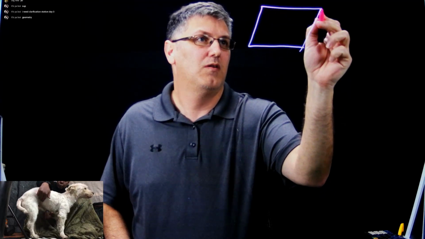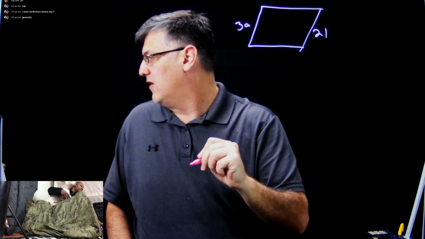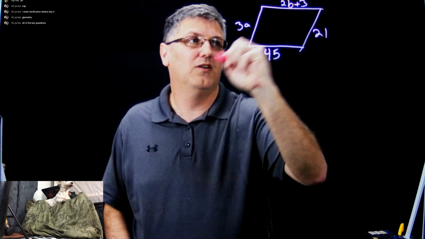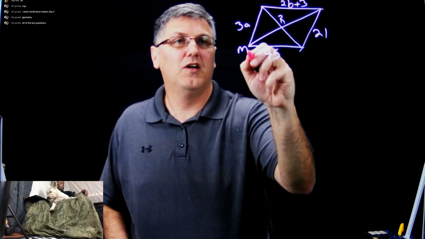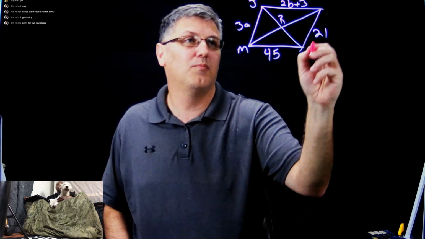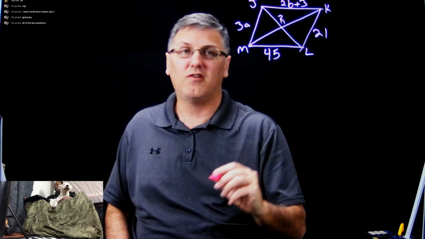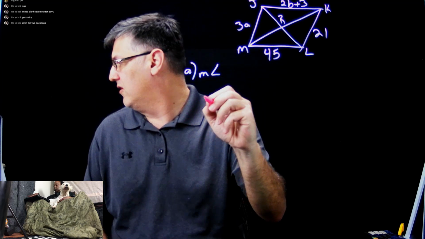All right, so number 1, I give you a parallelogram. On that parallelogram, I tell you that this side is 3a, this is 21, this is 45, and this is 2b plus 3, and then we have diagonals here, and I tell you that the points are R, M, J, that's a capital M, K, and L. A says find the measure of angle MJK.